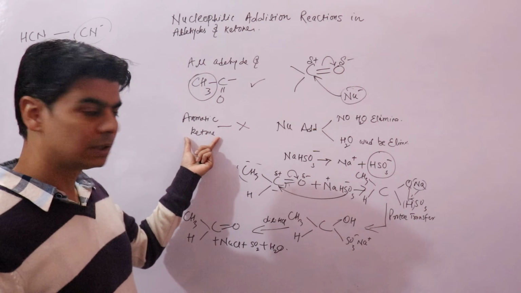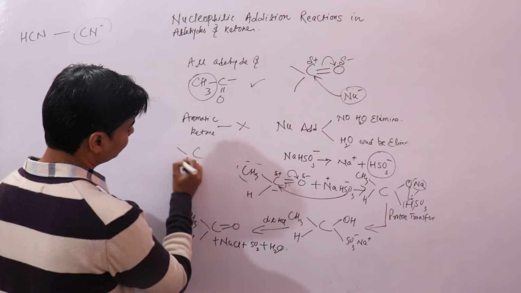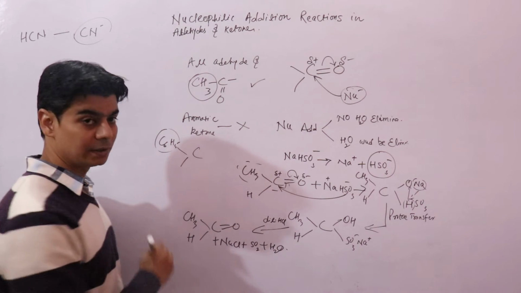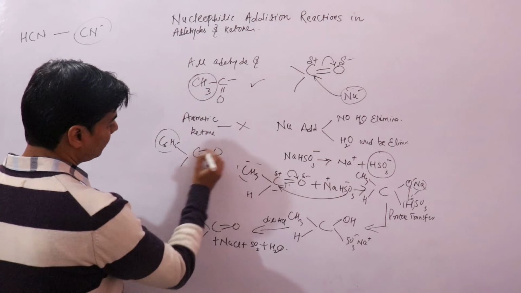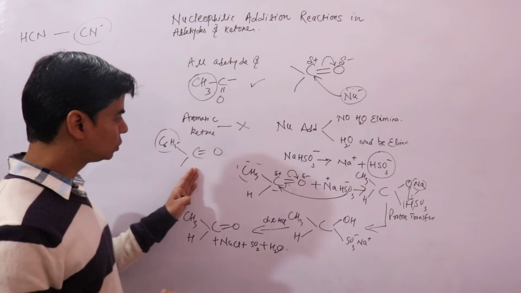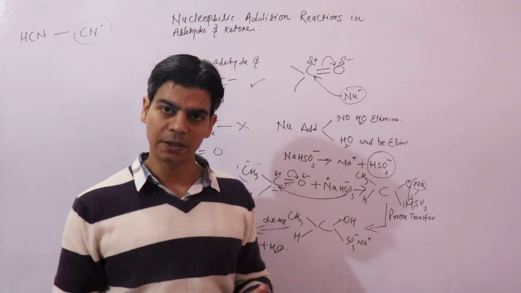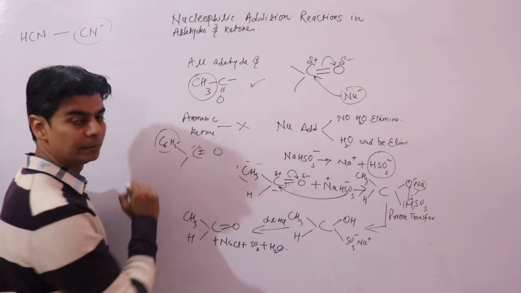The same is true of aromatic ketones, because aromatic ketones always contain C6H5, this benzene ring, and we know the benzene ring is a bigger group. So aromatic ketones also will not undergo this reaction because of steric hindrance, where the nucleophile will not be able to reach the carbonyl carbon.